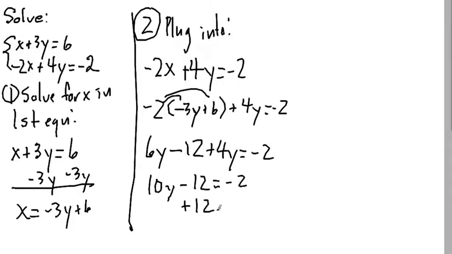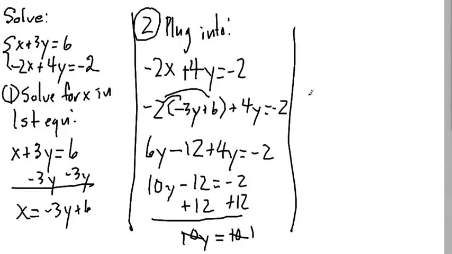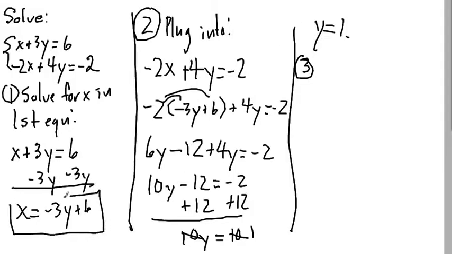I add 12 to both sides, which gives me that 10y is equal to 10. And canceling out 10 on each side gives me that y is equal to 1. Great. Now finally, I'm going to plug y equal to 1 into this equation over here, because this is an equation for x in terms of y.